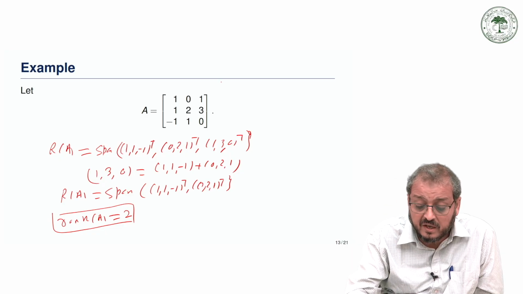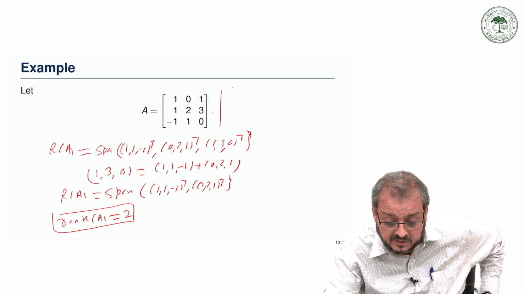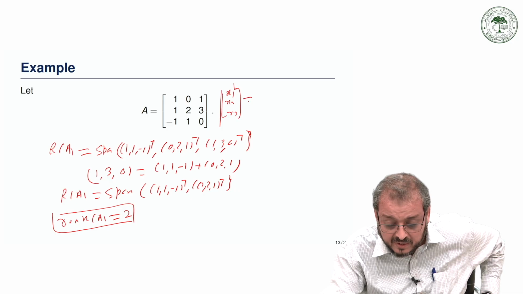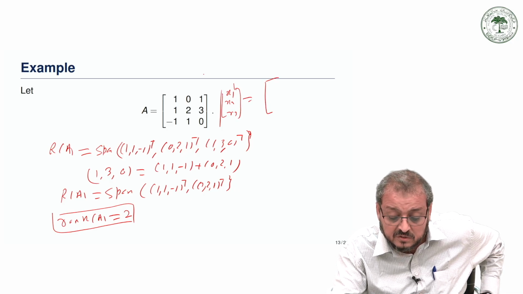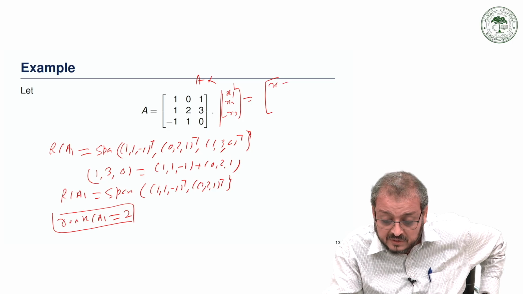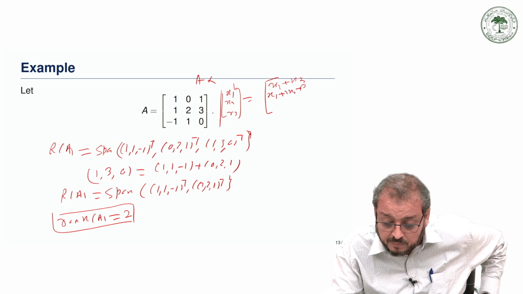Now we take Ax: I take x1 x2 x3 and multiply by this matrix. So Ax is equal to x1 plus x3, then x1 plus twice x2 plus 3x3, then minus x1 plus x2.